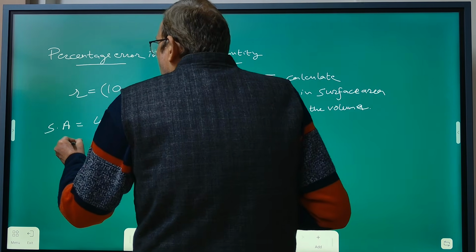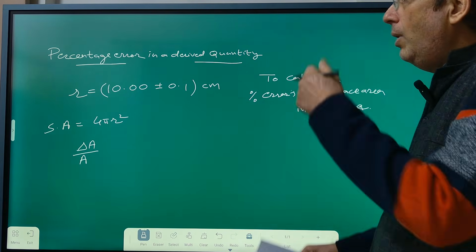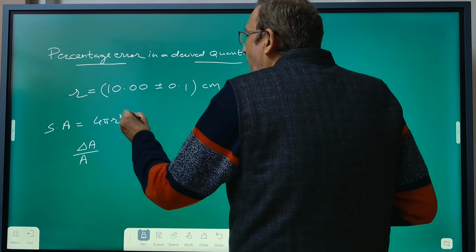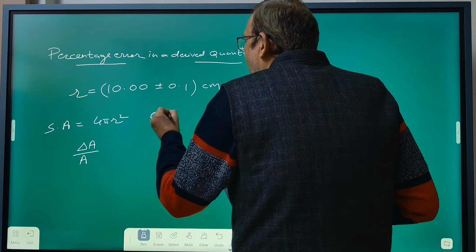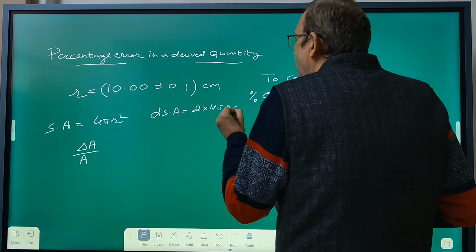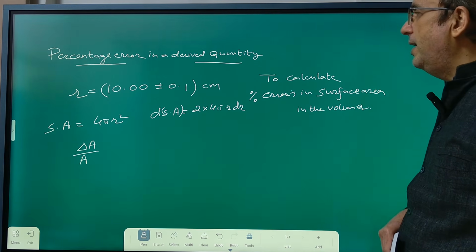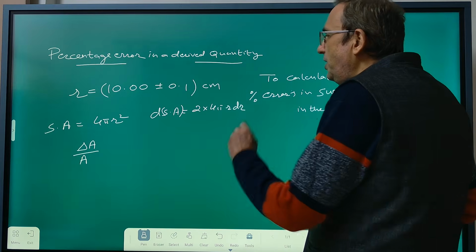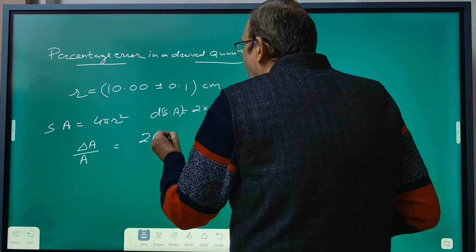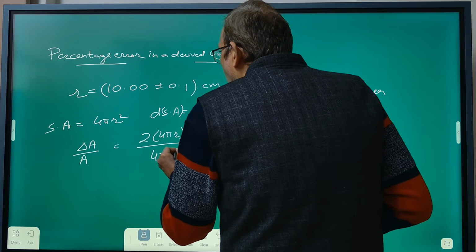So you know that the surface area is given by 4 pi r square, and so the percentage error would be delta A by A into 100 of course. But first let us calculate delta A by A. The surface area is 4 pi r square, so d of the surface area would be equal to 2 into 4 pi r dr. If you take the differential of the surface area, you get 2 into 4 pi r dr over the area, which is 4 pi r square.